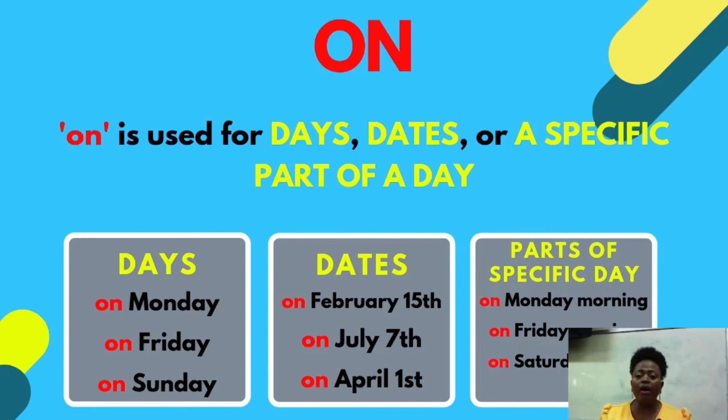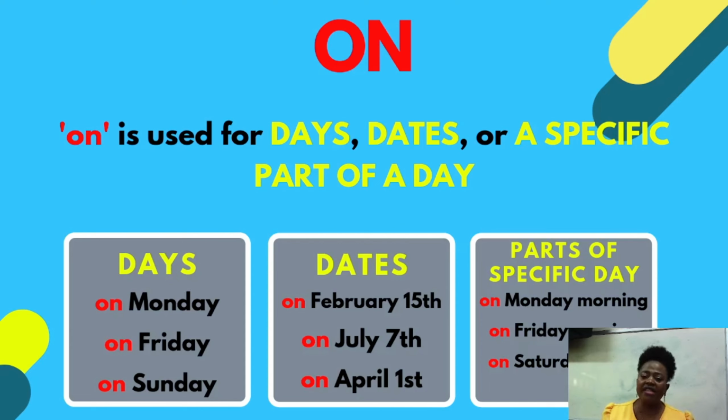Also, when we're talking about dates, we use on. For example, on February 15th, on July 7th, on April 1st. And also, we use on when we are talking about parts of a specific day.